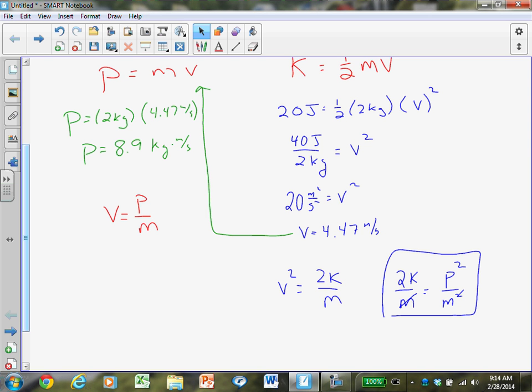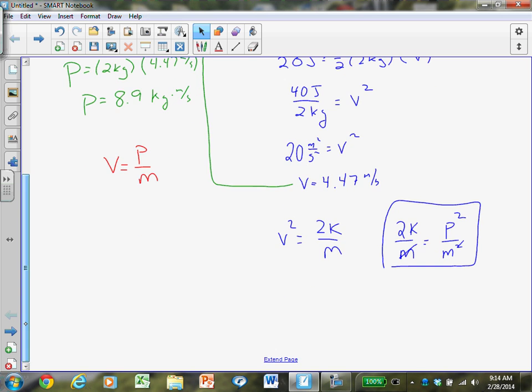Right? So from this equation, by the way, we wouldn't have even had to find the velocity, right? We could have just plugged it right in from there. Okay.